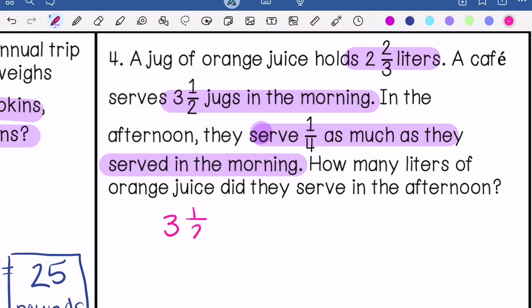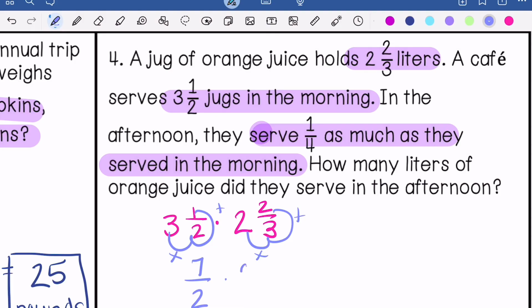So we have 3.5 times 2 and 2/3 first. Convert these to improper fractions. We have 56 over 6.